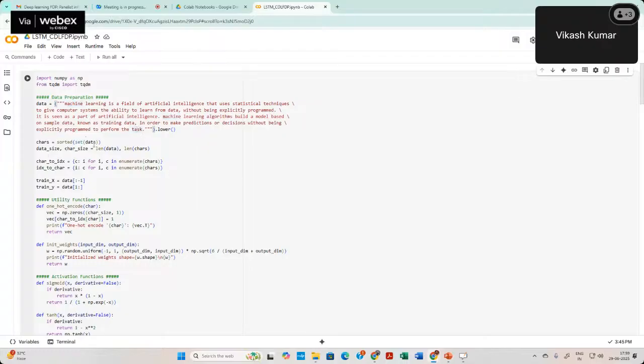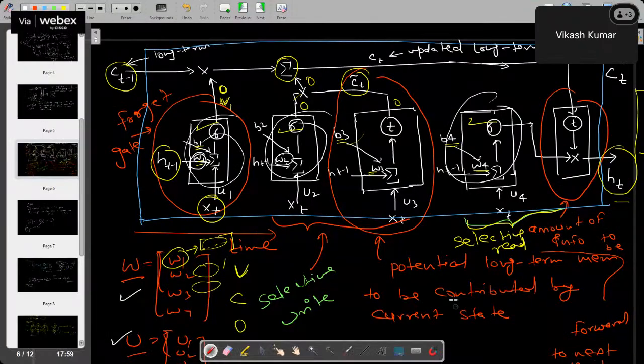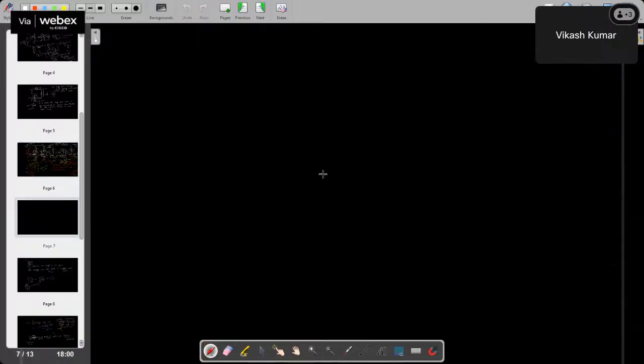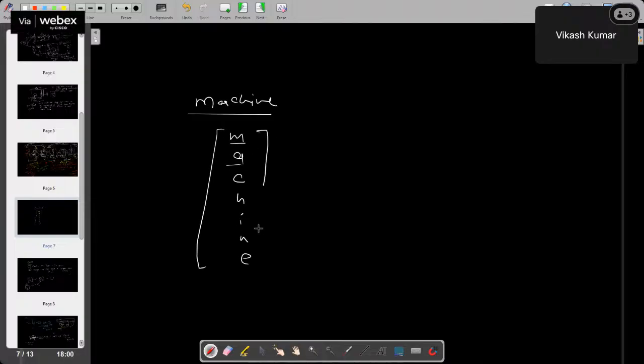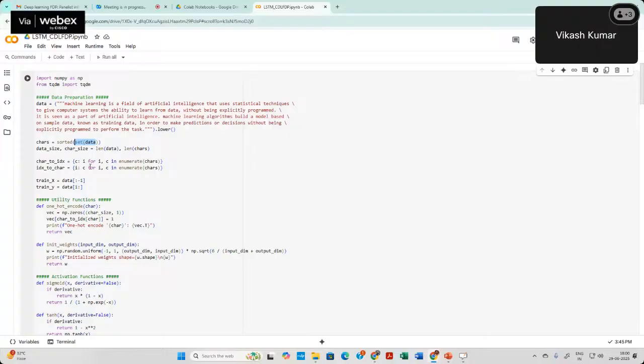The next thing is, we need to sort the values. Suppose the word machine is there, so we are going to map it. We will have a set of unique words, and then we sort them out.